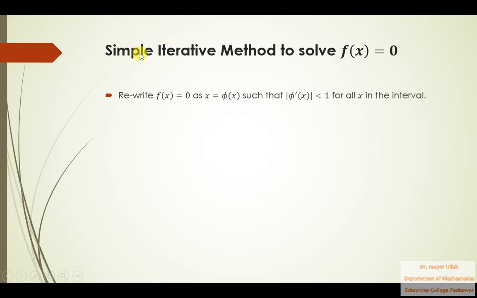What are the steps to be followed in the simple iterative method? First of all, you will be given f of x equal to 0, a function, an equation, and we need to rewrite this equation in the form x equal to phi of x. What does it mean?